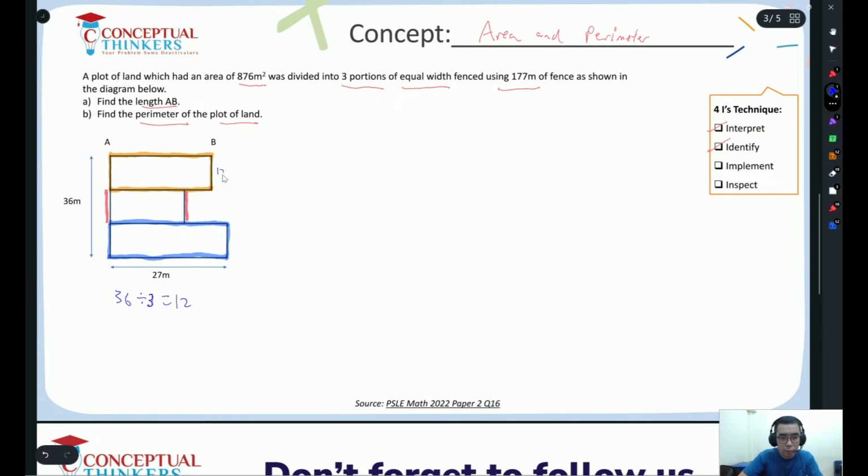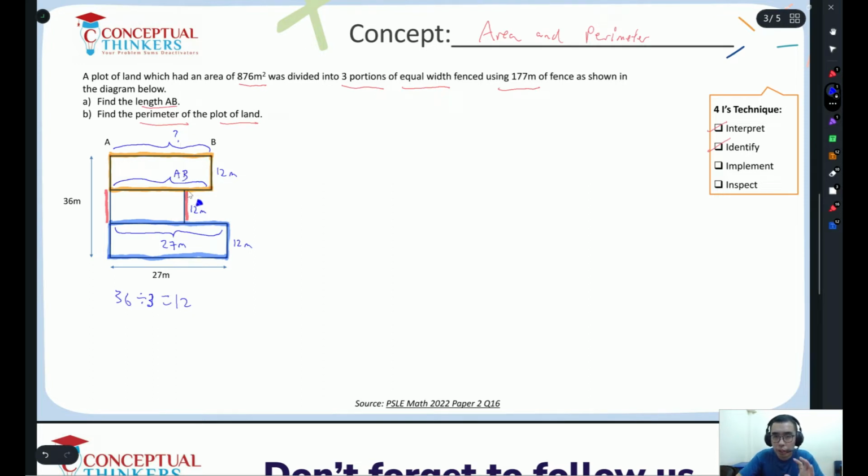So this will be 12 meters, 12 meters, and 12 meters. Now we have 27 here, so from here to here is also 27 meters. This layer here is what we need to find, the question mark, and this layer here is also a question mark, so we should say AB.